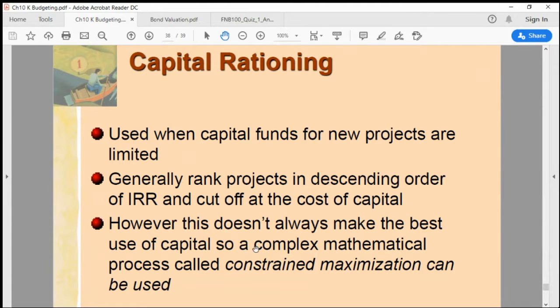So generally, rank projects in descending order of internal rate of return and cut off at the cost of capital. However, this doesn't always make the best use of capital. So a complex mathematical process called constrained maximization can be used. It's not really complex.